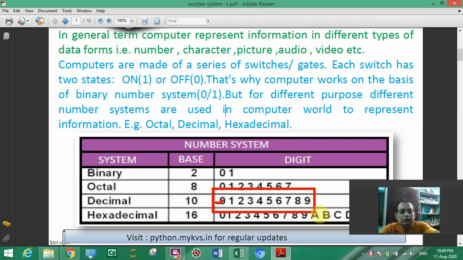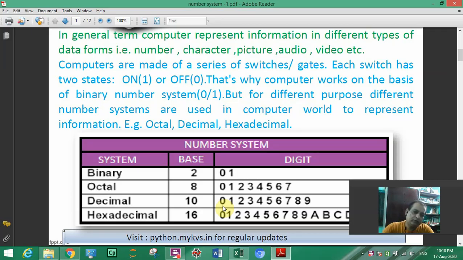So a number will have one or more digits and each digit will have some position. We are using this decimal number system in our daily life. We are writing 100, 500, 645.